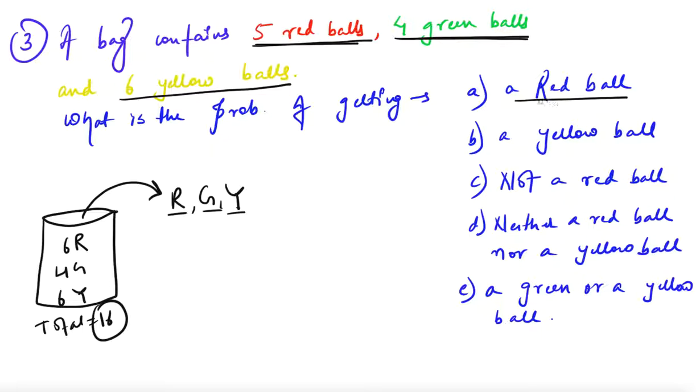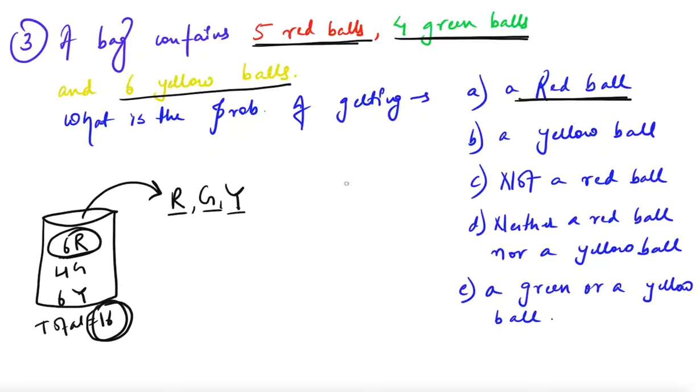So now the first question is getting a red ball. Now you know there are 6 red balls, right? So what is the probability that you will get red? Out of the 16 balls, if you pick any of the 6 balls, it will be red in color.